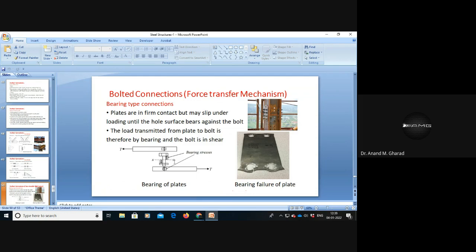Those are known as bearing stresses. Mostly the plates fail in bearing because the grade of the plate is most of the time weak compared to the grade of the bolt.